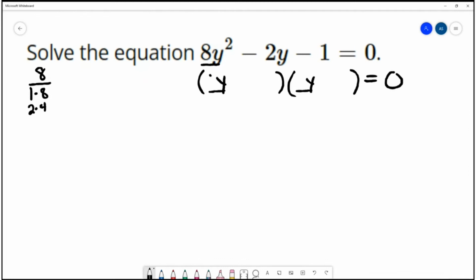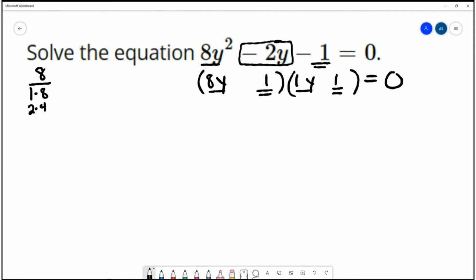So we're going to try the 8 and the 1 for now. And then the numbers that go in the second half of the binomial need to multiply to be 1. So let's write a 1 and 1. Now what I need to check is to make sure that I get the correct middle term.